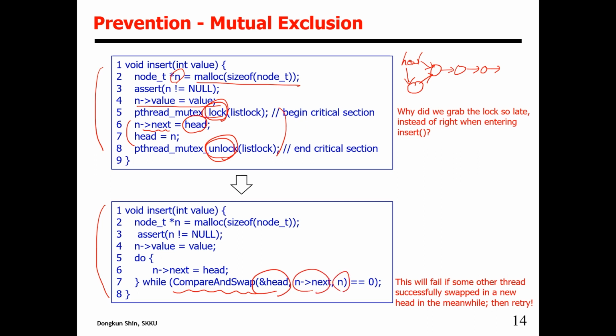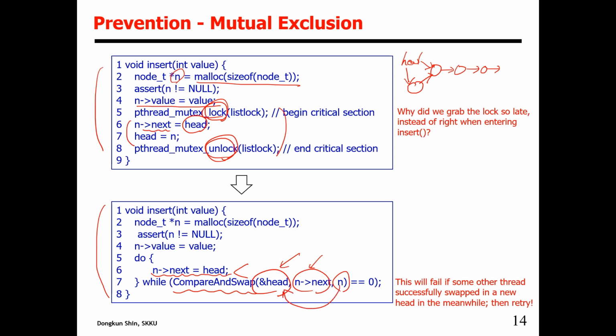This code first checks whether the head value is the same as next, which is the head value read by this code. If they are the same, that means there is no change in the head pointer between these two instructions. So in this case, head is changed to n.